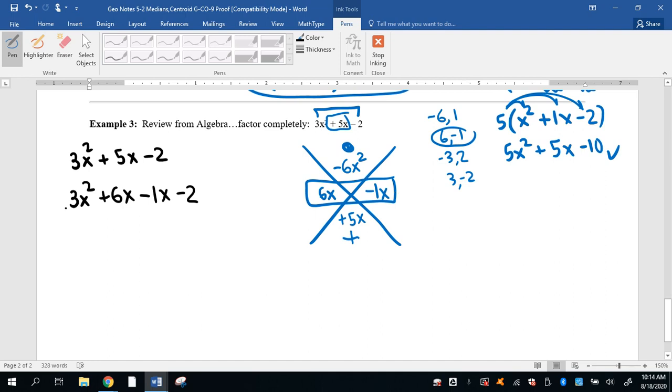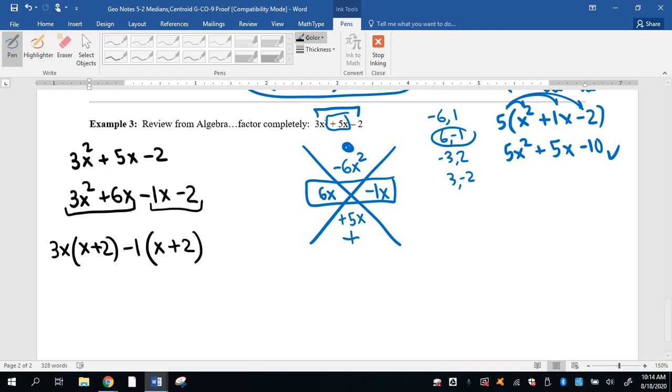Now we're ready to factor the first two terms and factor the next two terms. So take out a greatest common factor. That would be a 3x. We're left with x plus 2. Factor a greatest common factor and make sure you have your leading coefficient in each factor positive. So we're going to take out a -1 and we're left with an x plus 2. So if you distributed that, you would get that -1x minus 2.